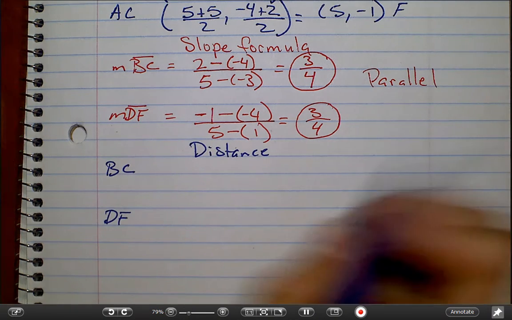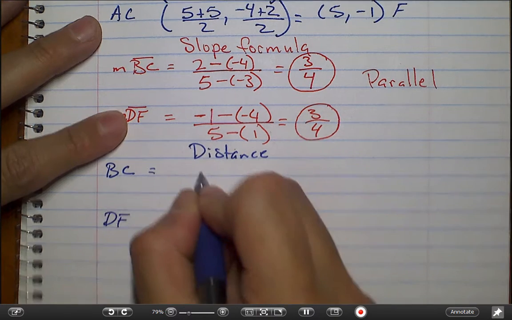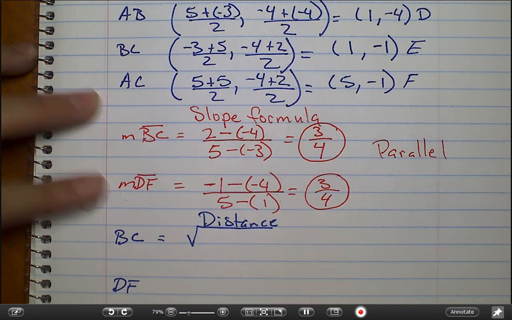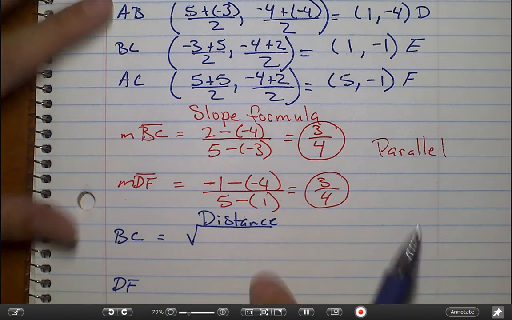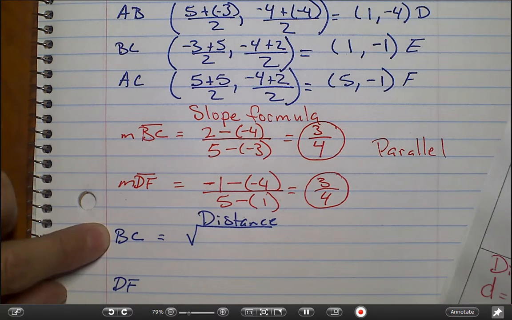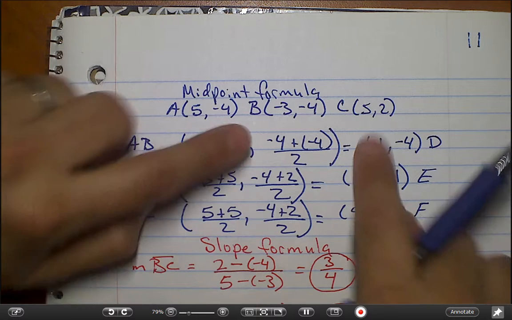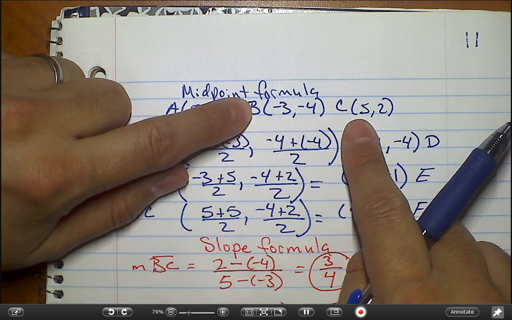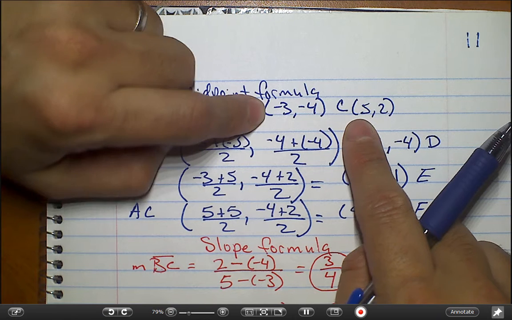So now for BC equals, start with my square root. Now I'm going to show you guys how to do this one. So with my distance formula, if we're doing BC, that's these 2 right here, right? Class? Yes. Very good.